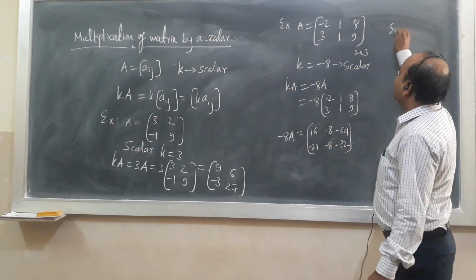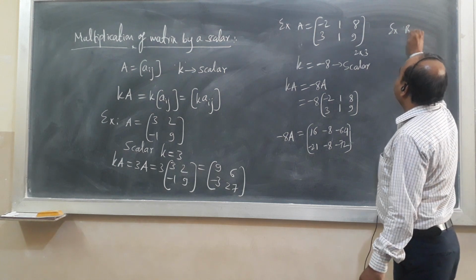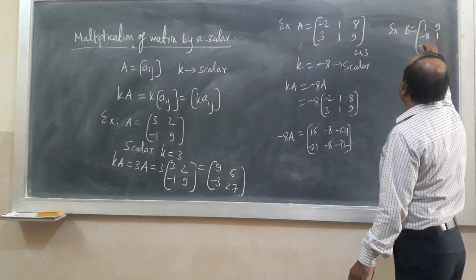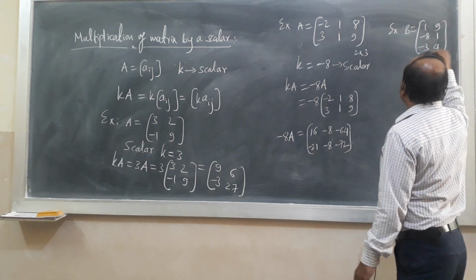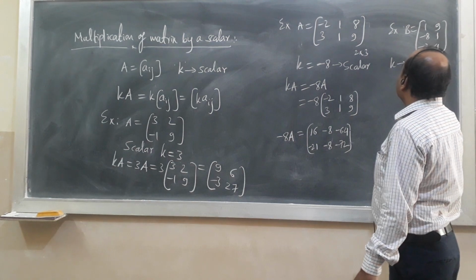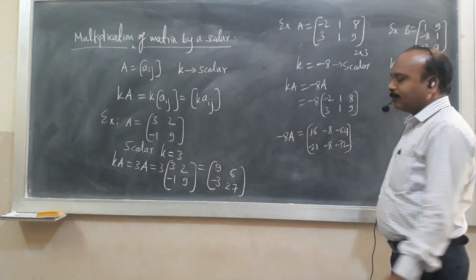Similarly, another example. Take B equal to [1, 9, minus 8; 1, minus 3, 4], and take k as any scalar, say 1 by 2.